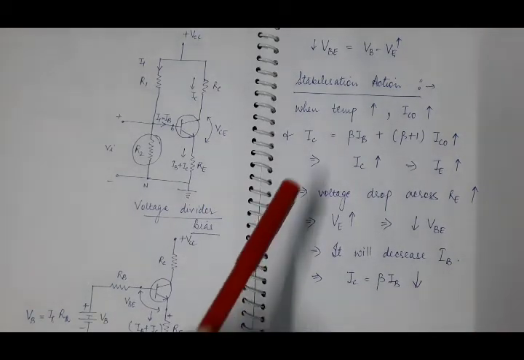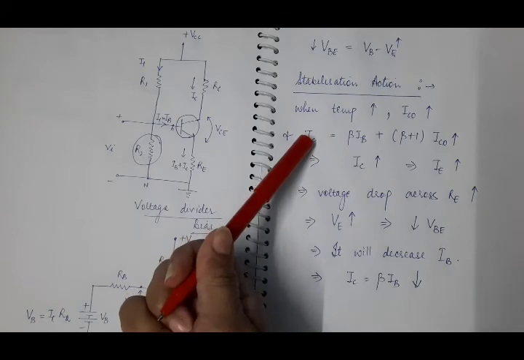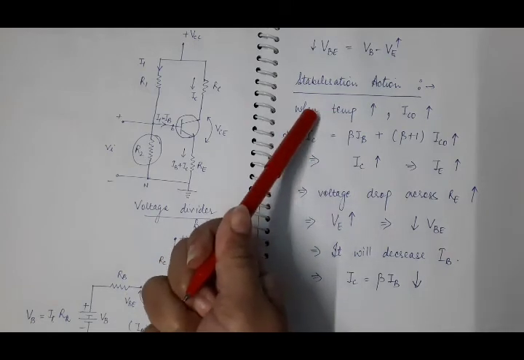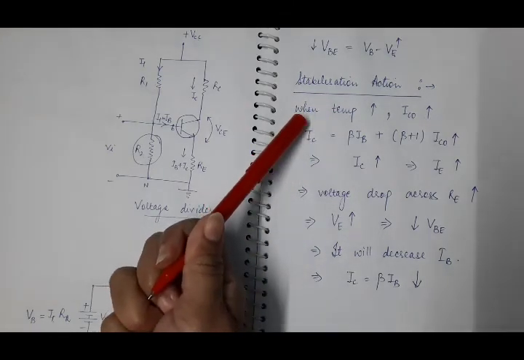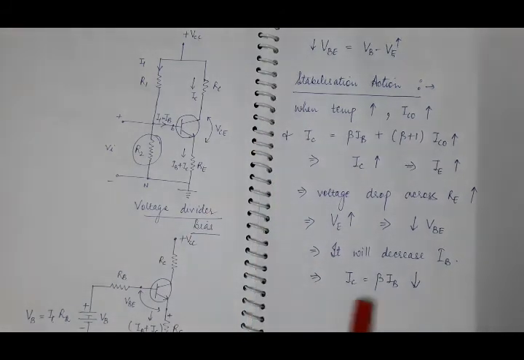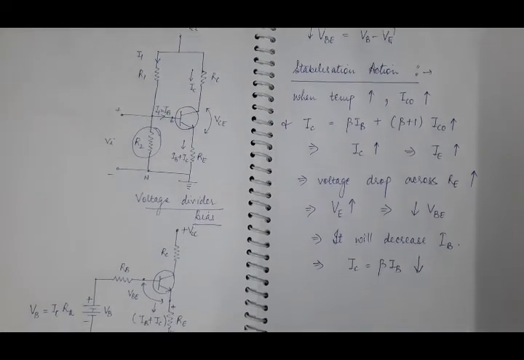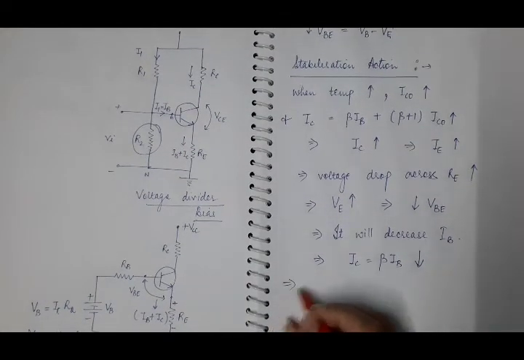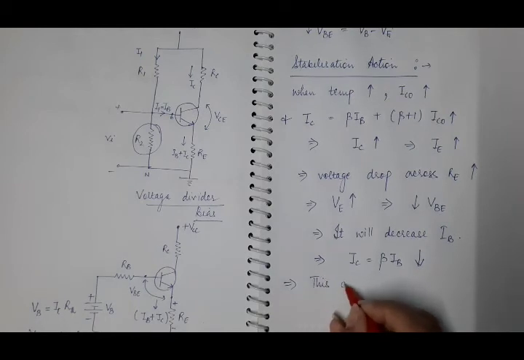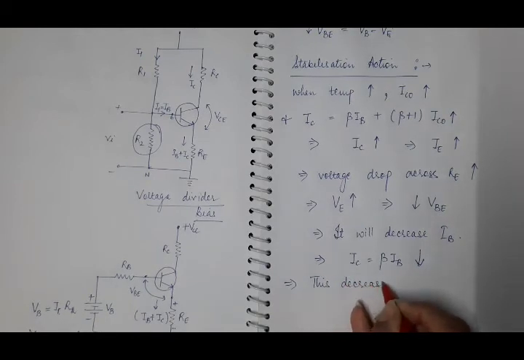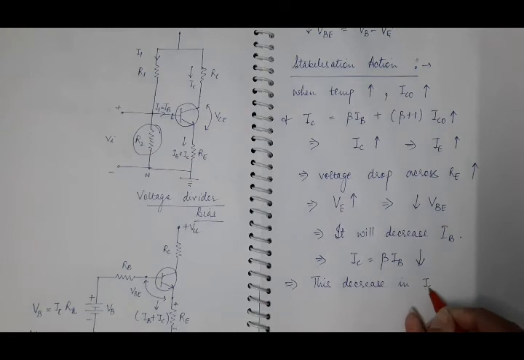So this increase in collector current because of the temperature will get compensated by the decrease in collector current because of the decrease in base current.